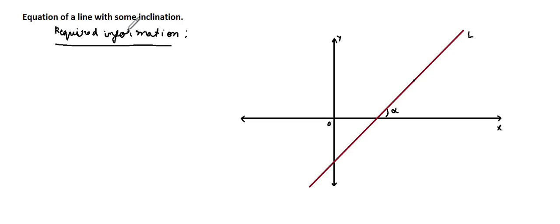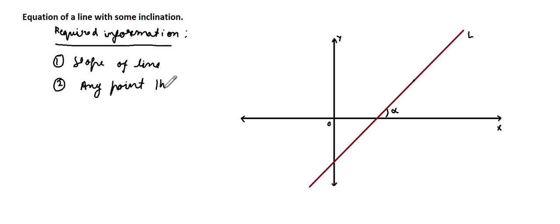One, you need to know the slope of the line, and second, any point through which the line passes. If you have these two data, you can find the equation of any line.